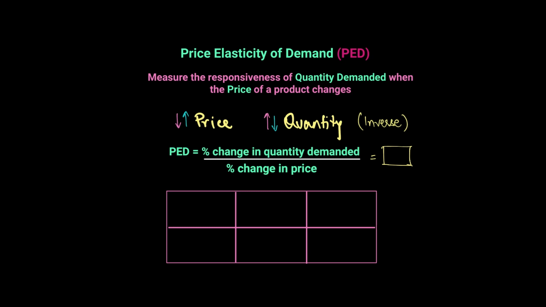Whatever this answer is, as I mark it X, what you have to remember is the number 1. The number 1 is a very special number when it comes to the calculation of PED. As you see in the boxes below, I'm just going to divide that into 3 possibilities.